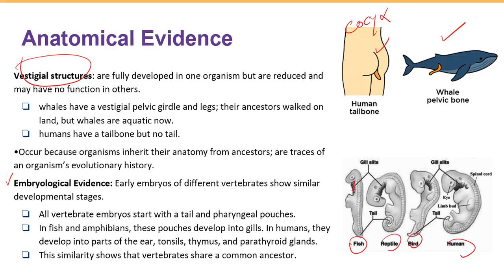In fish, those pouches become gills, but in humans, they turn into part of the ear, tonsils, thymus, and parathyroid glands. This shows that all vertebrates share a common ancestor.